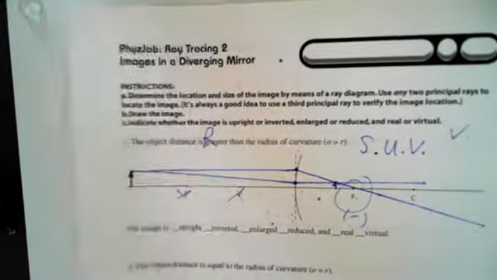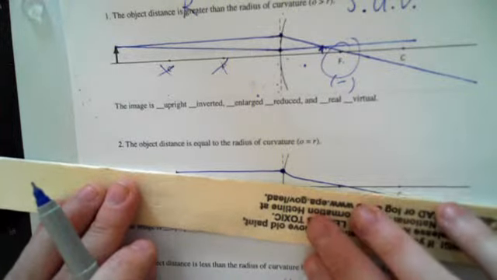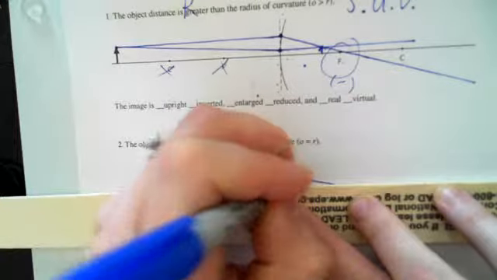So guys, you're going to do the same thing for the rest of them. You're going to go parallel to focus. Sorry, my pen's bleeding a little bit, but you guys get the idea. Pretend like you're going to the focus, but the second you hit that mirror, you go parallel.